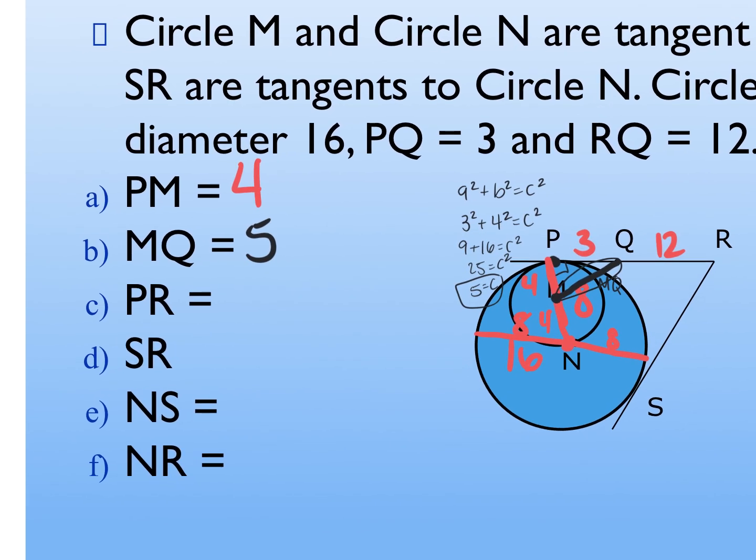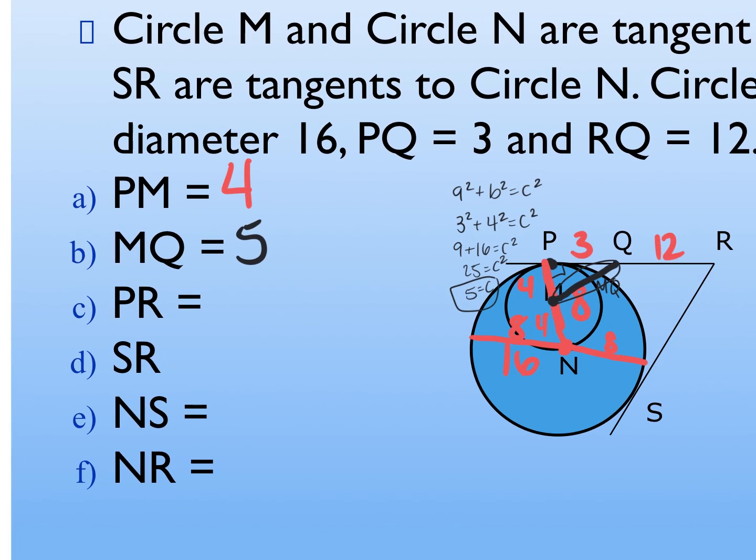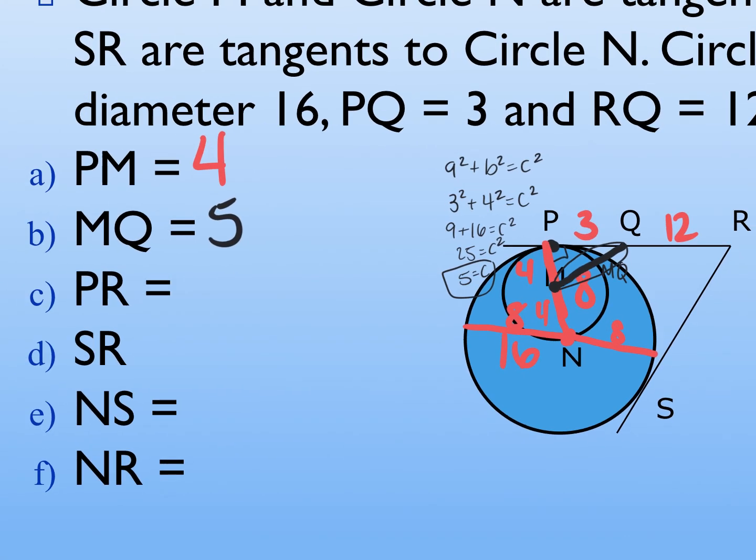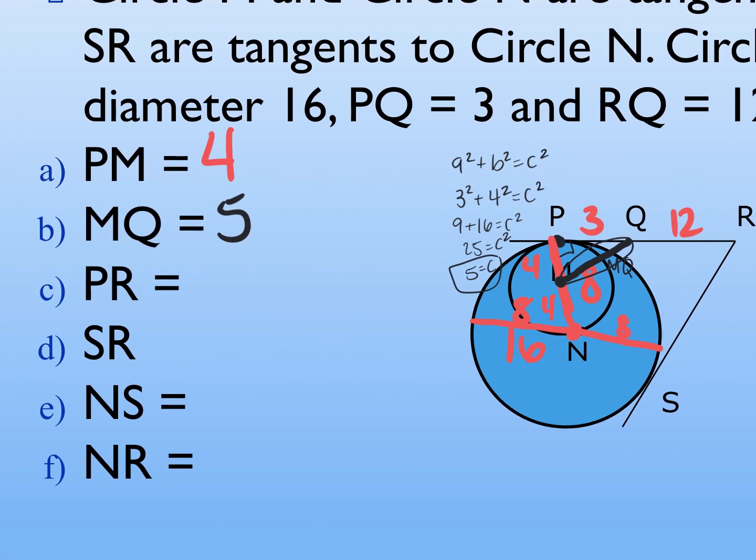So I believe we left off where we were finding PR, okay? In this very last slide, example 4. Guys, what would be the length of PR? 15. Why? You just add 3 and 12, right? So very good. It would be 15 units. What about SR?